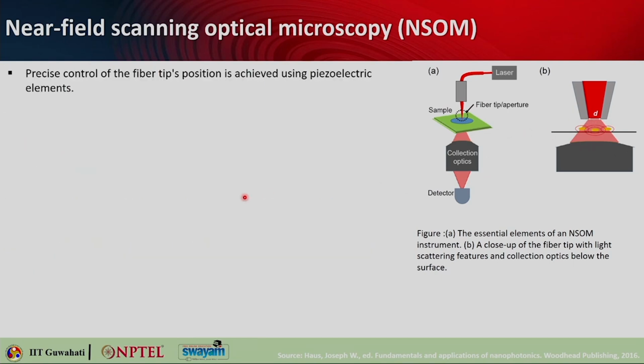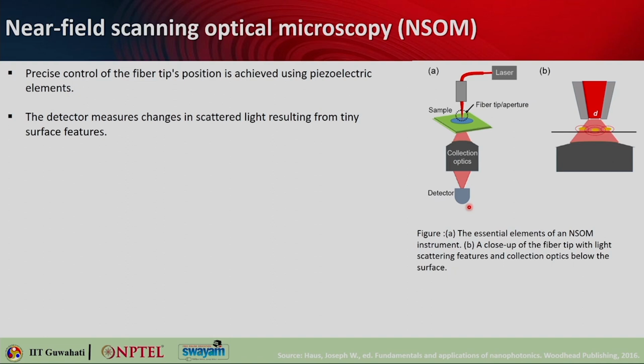Now, when you have precise control of the fiber's tip position, okay, you can scan a particular location, and that is done by a piezoelectric element that is not shown here. The detector will measure the changes in the scattered light that result from the tiny surface features. If there are more bumps, there will be more scattering.